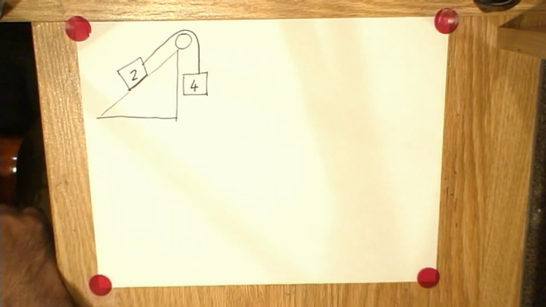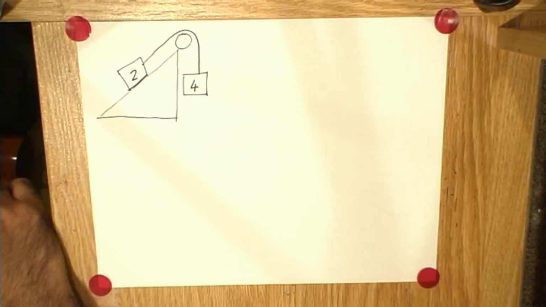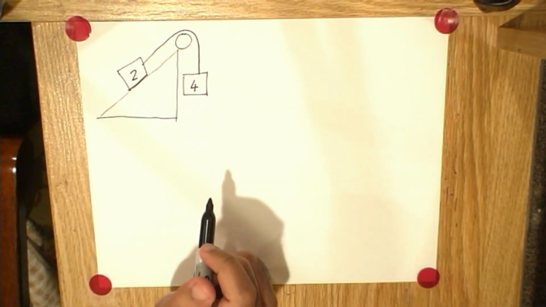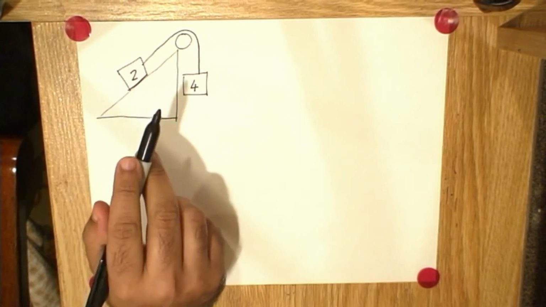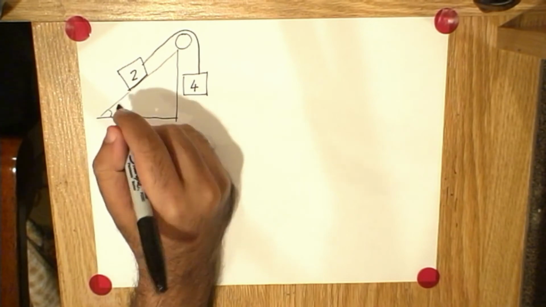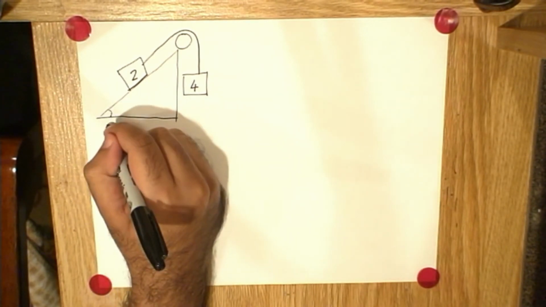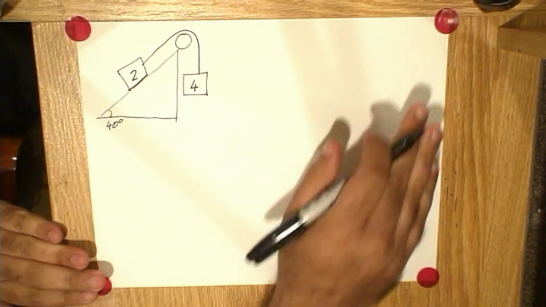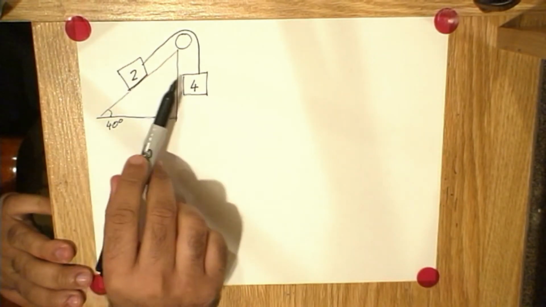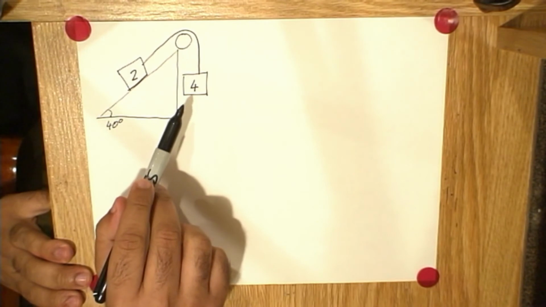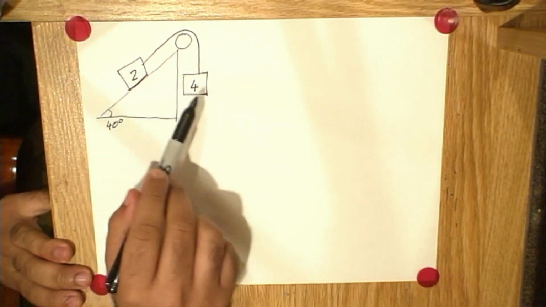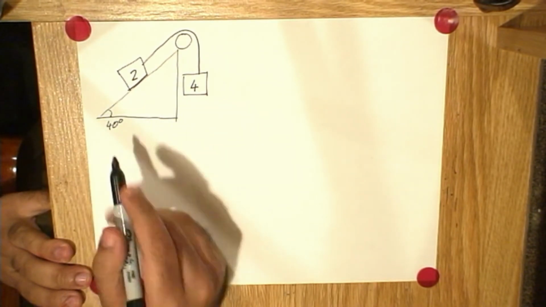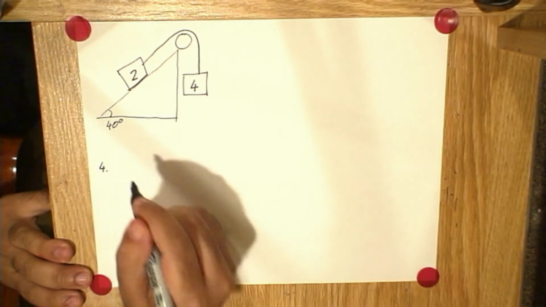There is no friction anywhere, mercifully for us. So we need to find out what the acceleration of this system is on the understanding that this angle here is 40 degrees. In a pulley question, you have to solve for both of the free body diagrams for these two moving objects. Let's start with the 4 kilogram one.